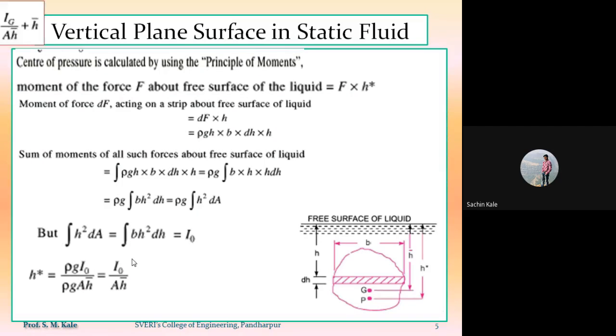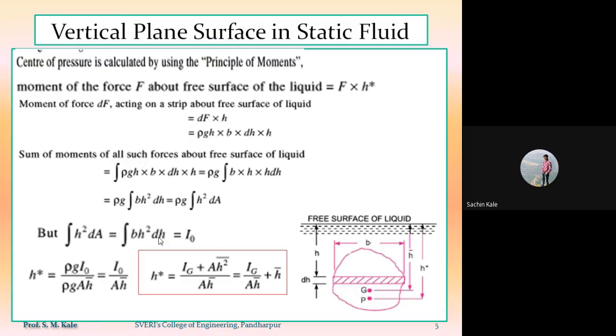If I put this value of I0, then I will get h star equal to Ig upon A h bar plus h bar. So this is the final formula for calculating the position of center of pressure in case of a vertical plane surface.